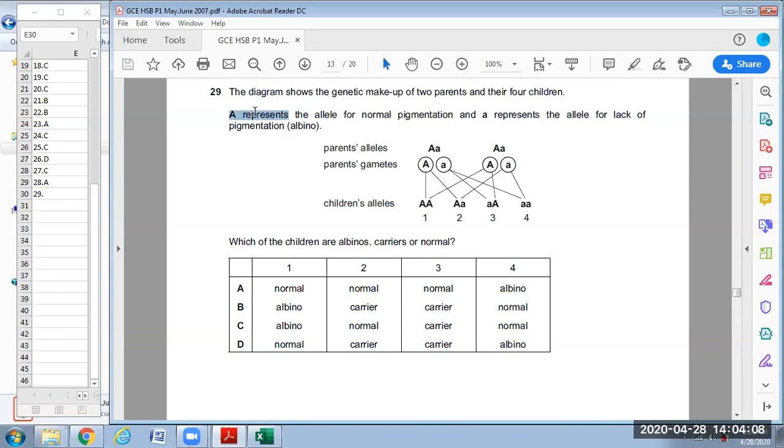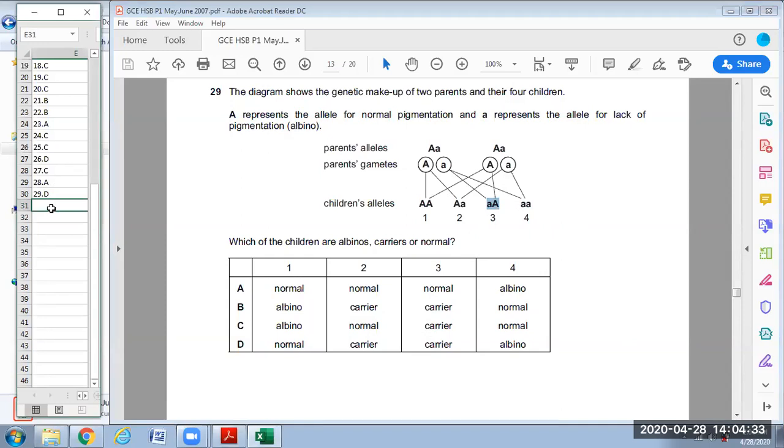You all have seen this, right? Big A represents normal. Small a represents albino. I just mixed that up. You have to be careful. Now, although they write small a in front here, that doesn't mean they are albino. Big A will always be dominant over the small a. So this person is a carrier. So D for dog.